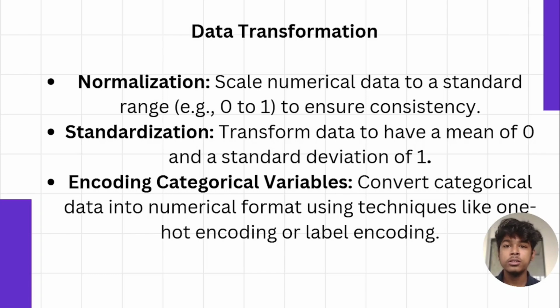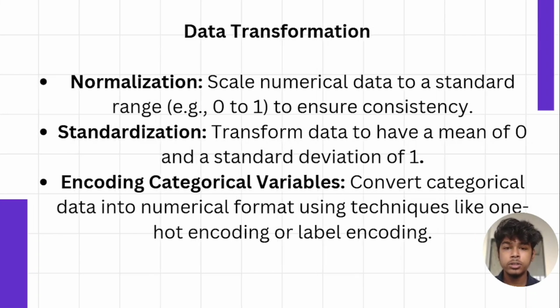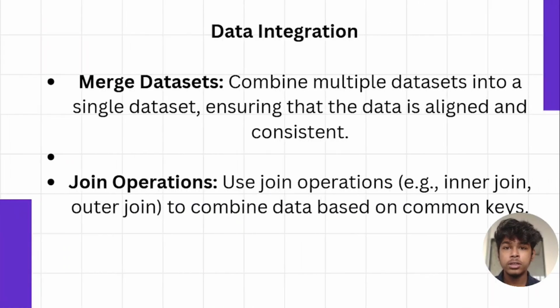We will be further discussing this in the video using code for better understanding of this topic. You can read the following topics as well. We will be discussing further in the video. By the explanation of code, you will be able to better understand what data transformation is and what data integration is.